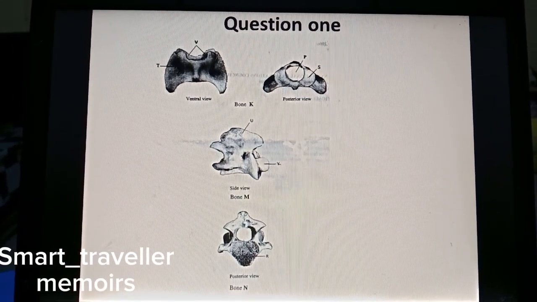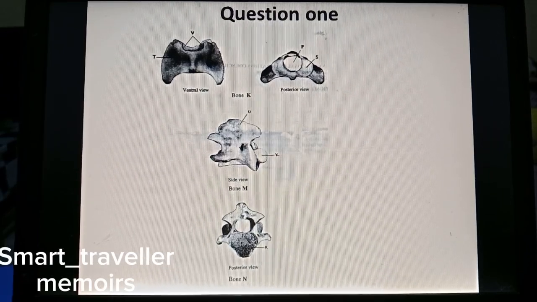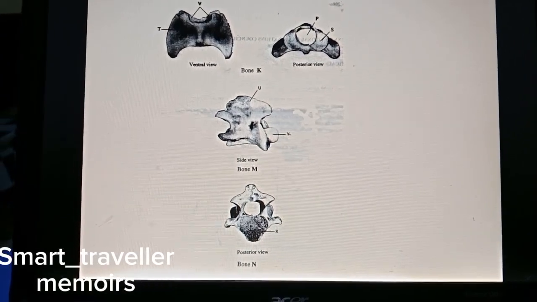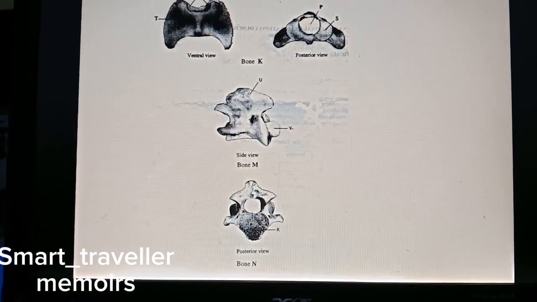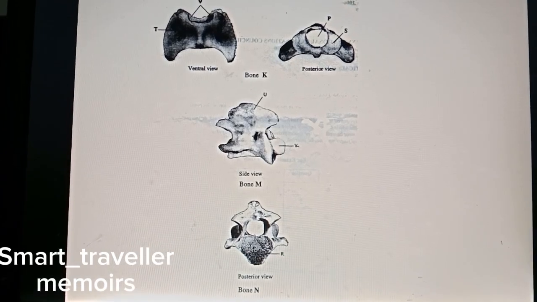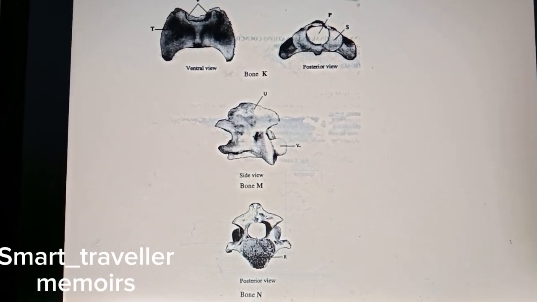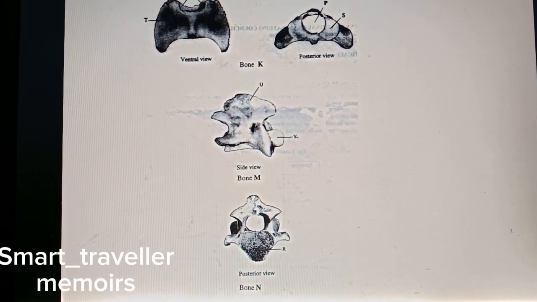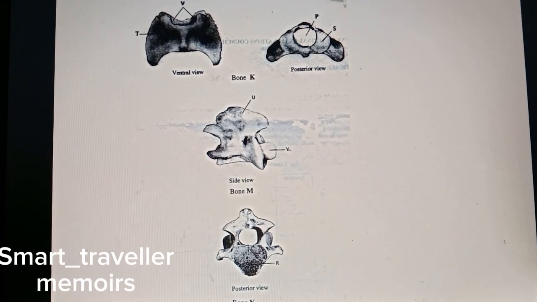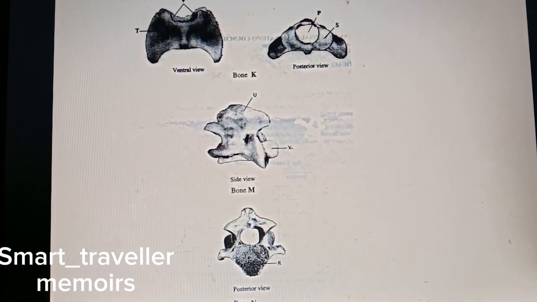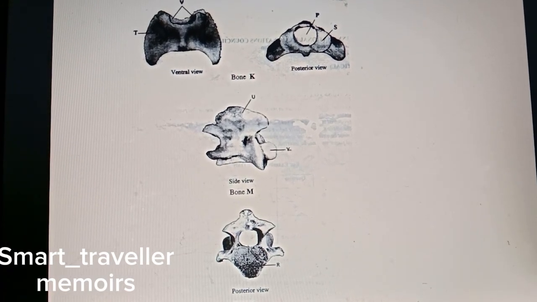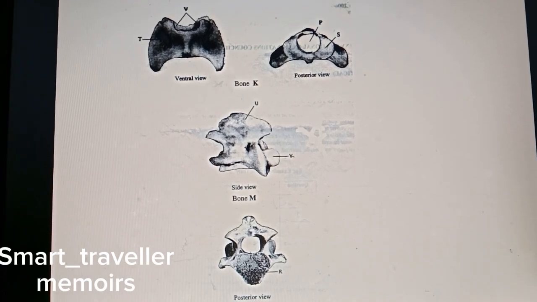Guys, those are the bones, but I've shown you the bones at close range, and now you know K is two views of the same bone.